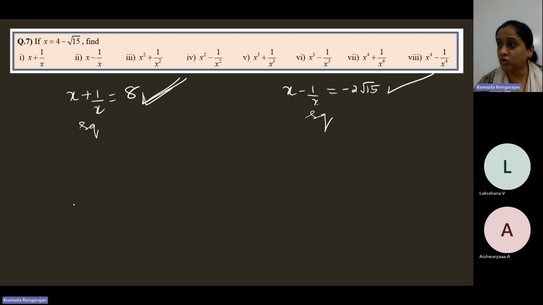To get the value of x cubed minus 1 by x cubed, you have to cube this equation on both sides. x minus 1 by x is equal to minus 2 root 15. That is, you should use x minus 1 by x for x cubed minus 1 by x cubed, and you should use x plus 1 by x for x cubed plus 1 by x cubed.